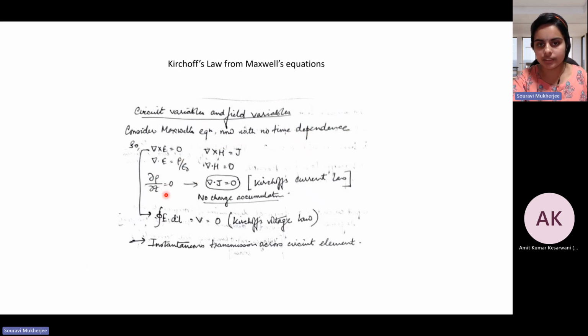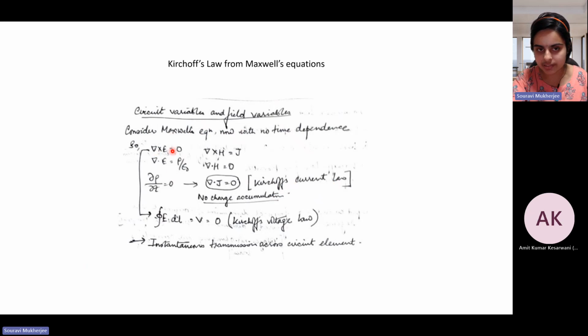This is the continuity equation. If you look at this term, what is this? This tells you that there is no charge accumulation anywhere in the wires or in the circuit, right? And that is essentially Kirchhoff's current law. So that's how you can go from Maxwell's equations to Kirchhoff's current law.